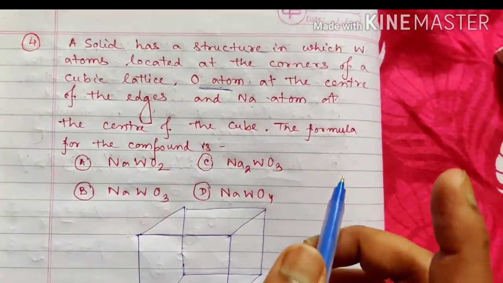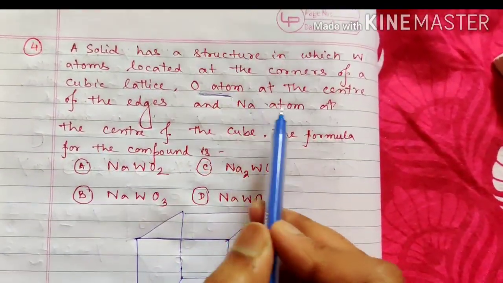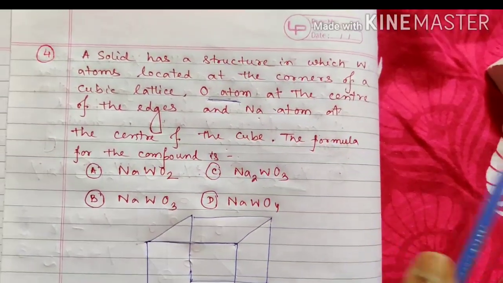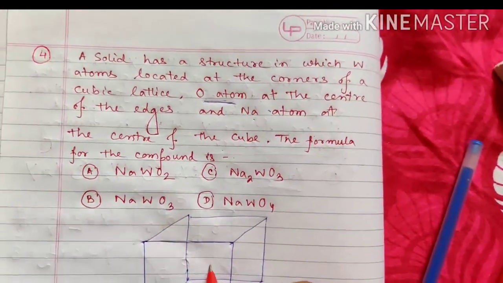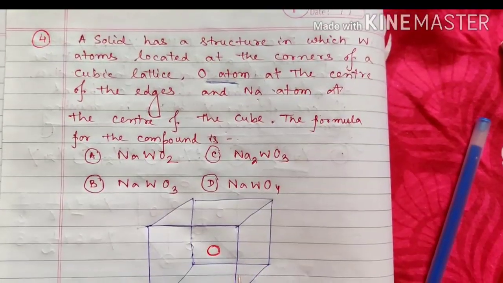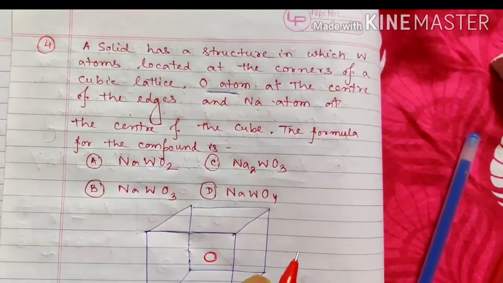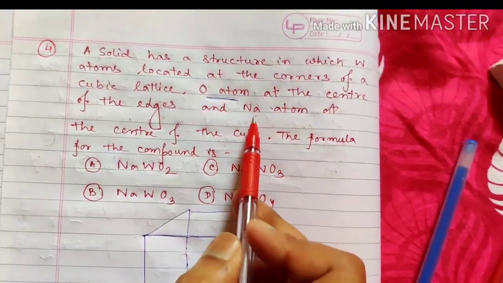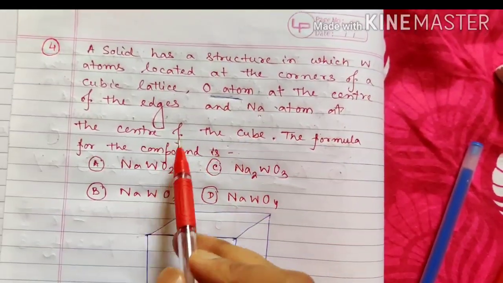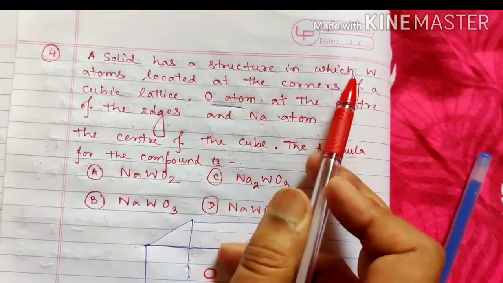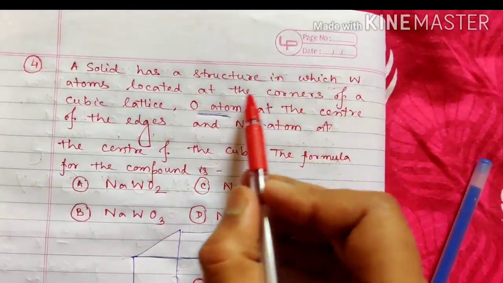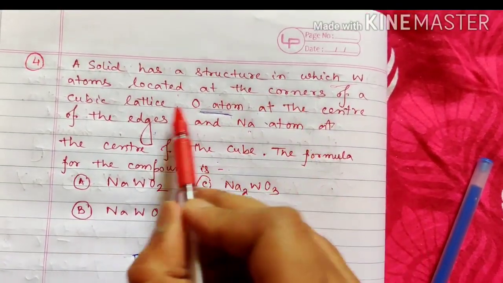So that I will draw last. Sodium atoms at the center of the cube. So sodium atom, this one, is at the center of the cube. So W atoms are located at the corner of a cubic lattice.